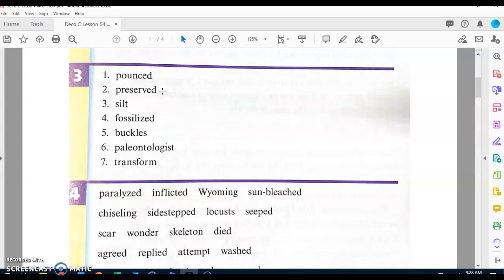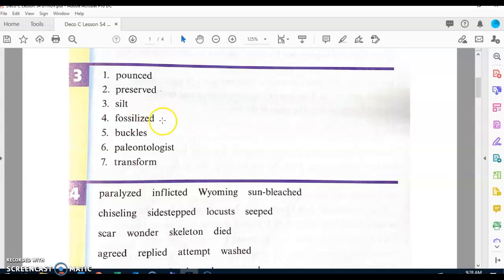The treasure was preserved. Number 3. What word? Silt. Silt is a very fine mud. Everybody, what is silt? Think about it. Get ready. A very fine mud.